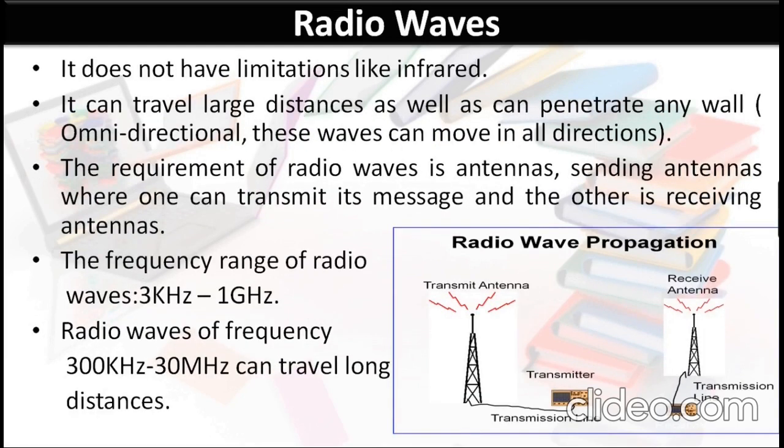Okay, so coming to radio waves. Radio waves do not have the limitations that infrared waves have. That is the first advantage of radio waves. They can travel a large distance and can also penetrate walls.